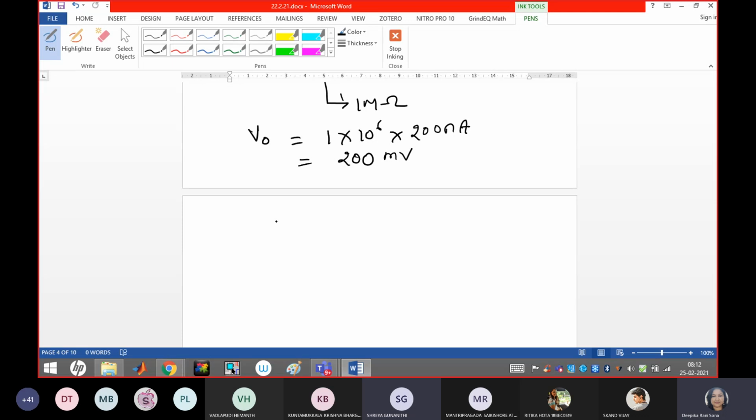So how do we overcome this? How do we minimize the effect of this offset current by imposing a T or pi network at the feedback path?